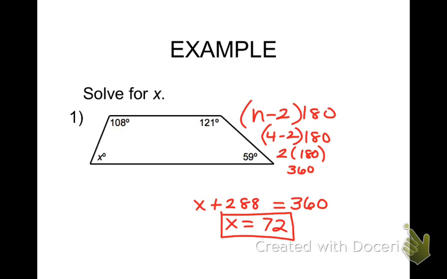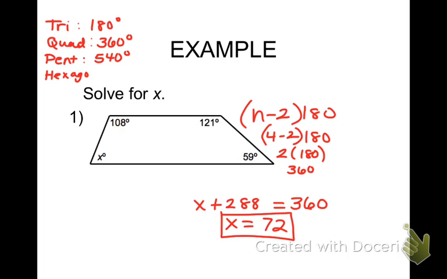So you might want to make a quick sidebar and say that a triangle is 180 degrees, a quadrilateral is 360 degrees, a pentagon is 540, a hexagon, we said was 720.